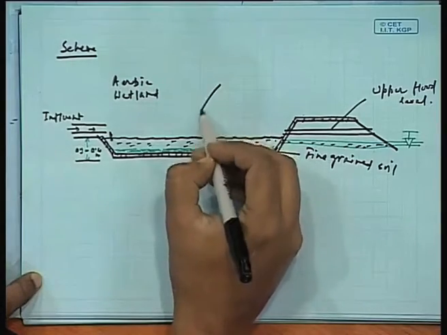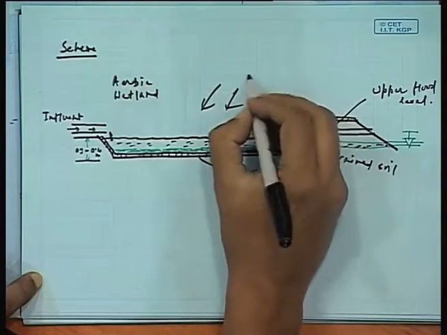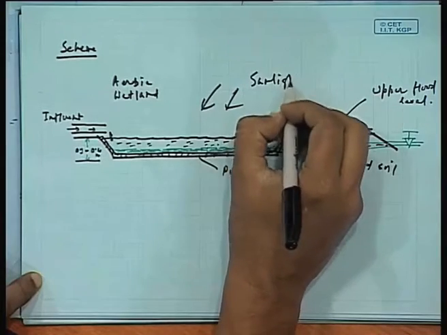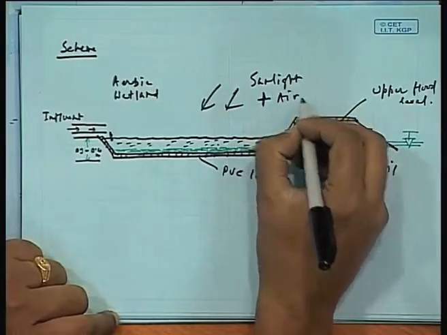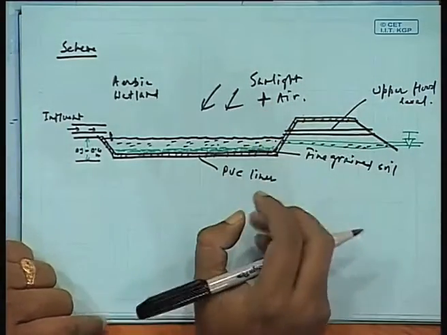You can see lots of sun, air, everything is sunlight. The importance of sunlight and air is paramount. All these wetland reactions are natural reactions. They are not aided by any agents like heat, enzymes, or any other catalysts.